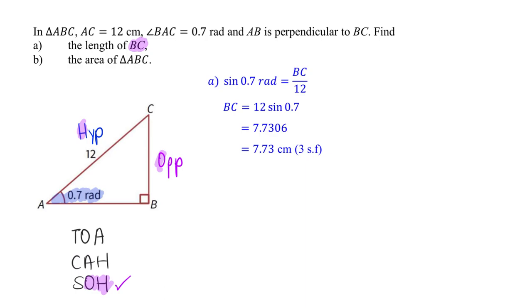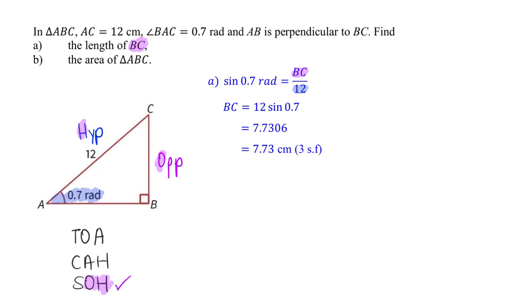Sine of 0.7 radians is equal to opposite, which is the BC, over the hypotenuse, 12. Then all I have to do is to multiply 12 on both sides.